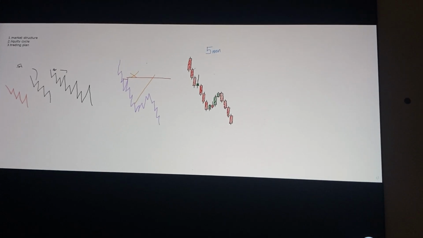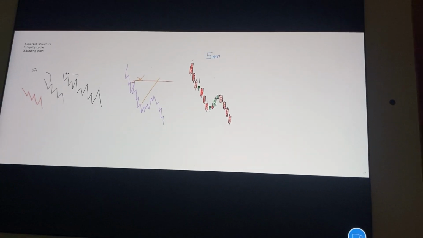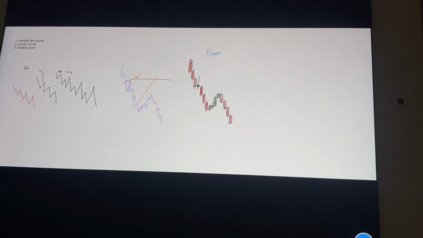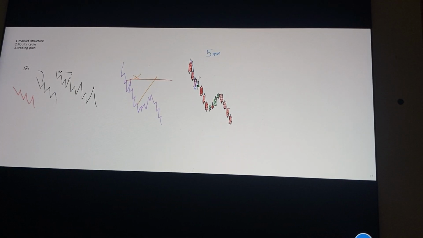By the time you look through this 5-minute time frame, what is this? A 5-minute push. It is clear to your eyes. Each of these is a 5-minute push, and finally, a 5-minute push.